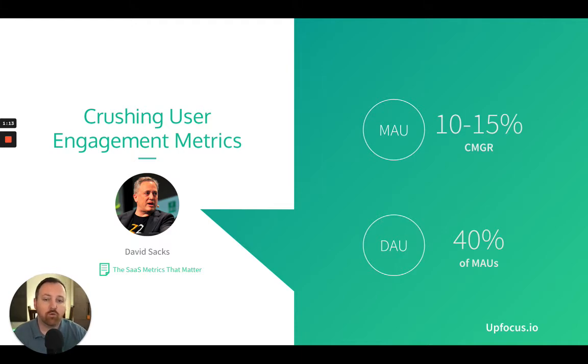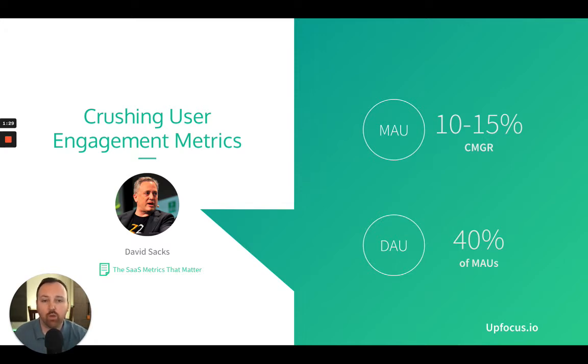So what they look for from user engagement metrics simply boils down to monthly active users and daily active users. You might be tracking for your own app a lot of different other events around adoption and onboarding, etc. And those are very important.